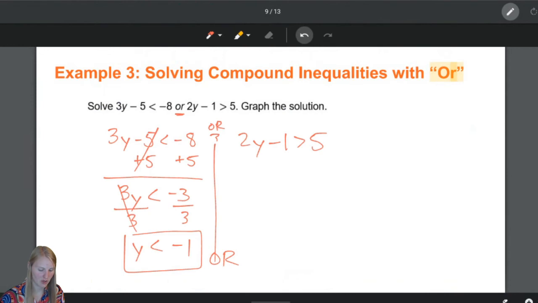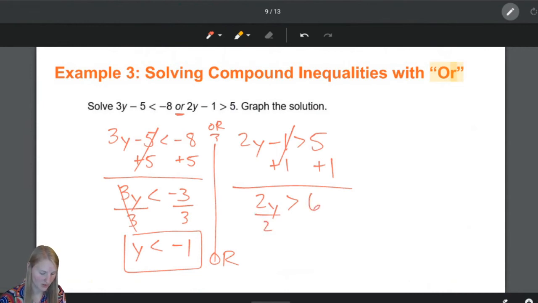So now let's figure out the or y something. This inequality we'll look at now. I'm going to add 1 to both sides, and I get 2y is greater than 5 plus 1, which is 6.